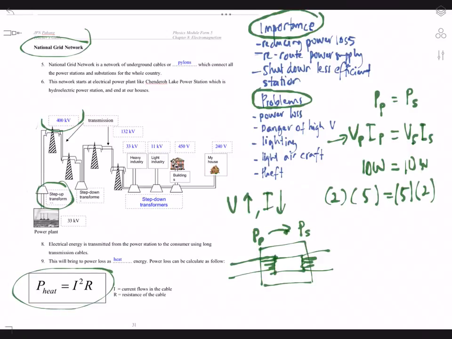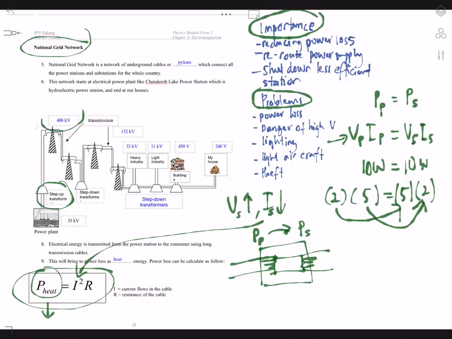So we are using a step-up transformer, so the voltage will increase, as a result the current will decrease. So the voltage in the secondary increases, but the current in the secondary decreases. So when we have decreased the current, according to this formula, the power loss will also be reduced. Okay, so that is how we reduce power loss.